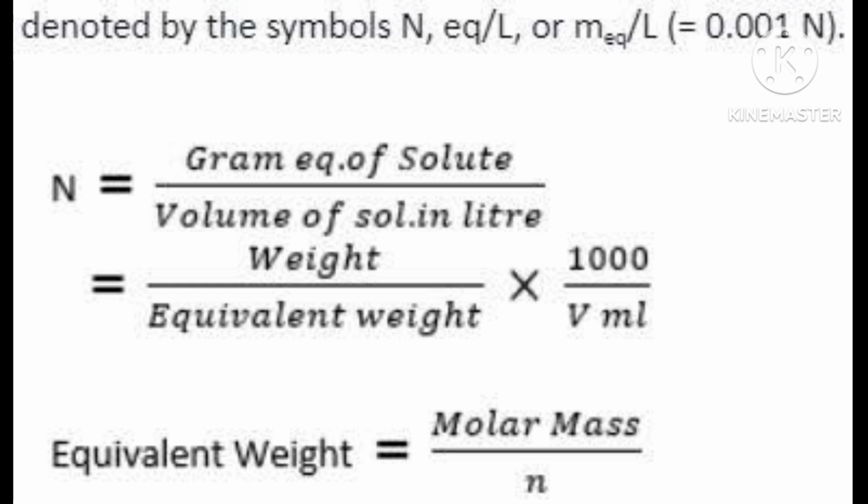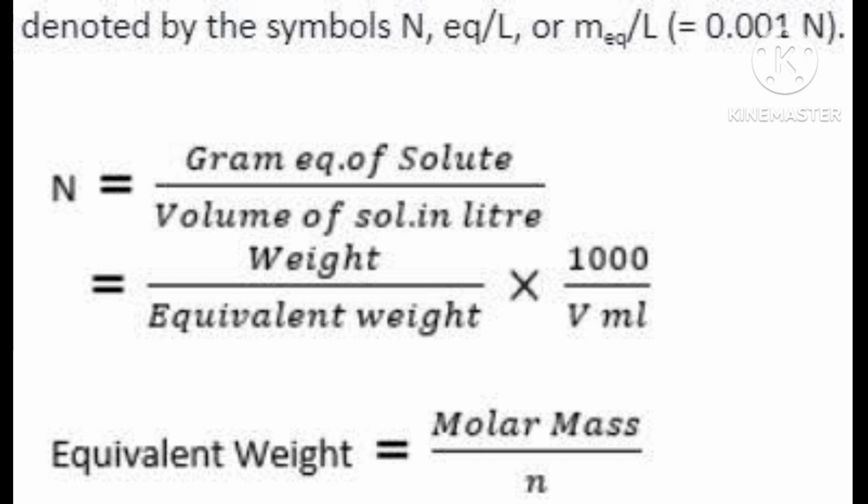How will you get the equivalent weight of the compound? It is the equivalent weight of metal plus equivalent weight of anion of compound 1, divided by equivalent weight of metal plus equivalent weight of anion of compound 2. This formula can be used to calculate the equivalent weight.